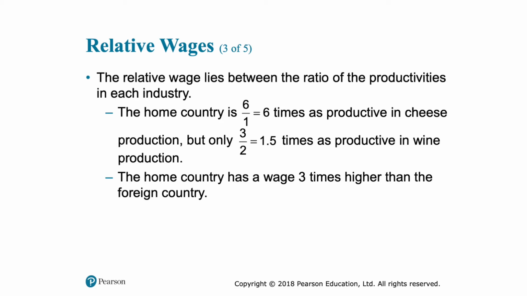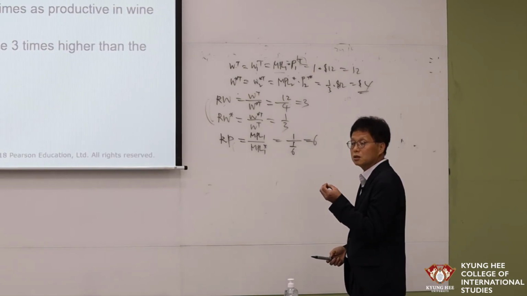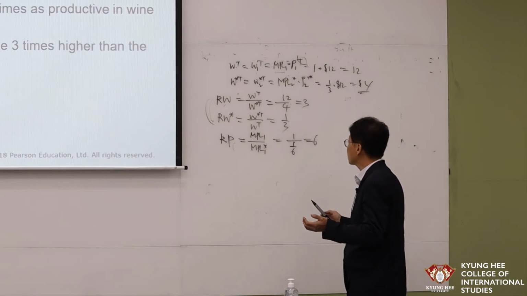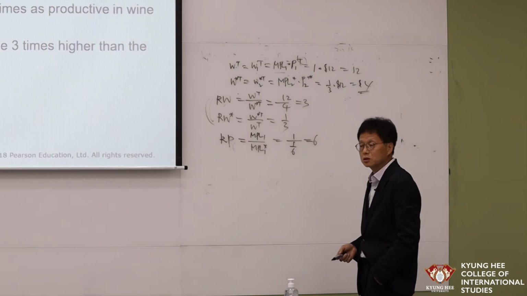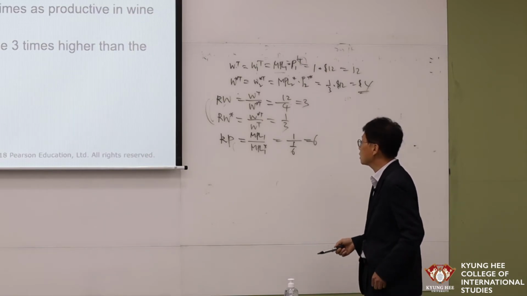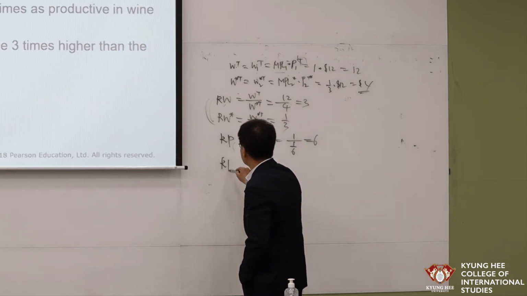It was 6, right? So the relative productivity in Q1 production in home is 6. What's the meaning of this? Home's productivity in Q1 production is 6 times that of foreign. Very productive, much more productive than foreign. Okay?